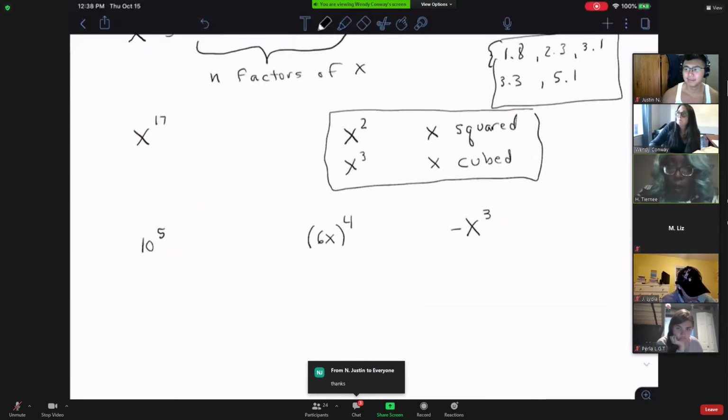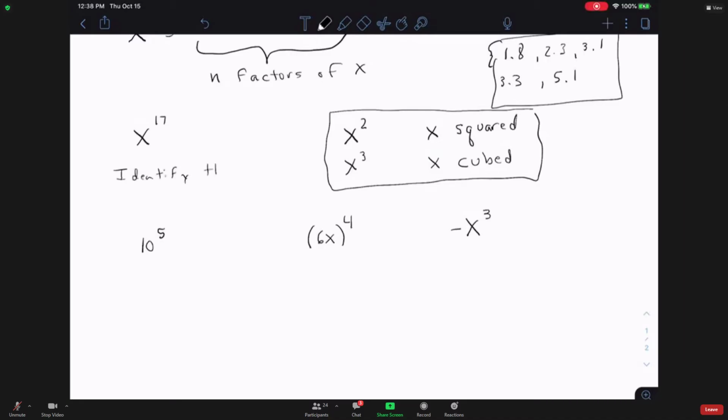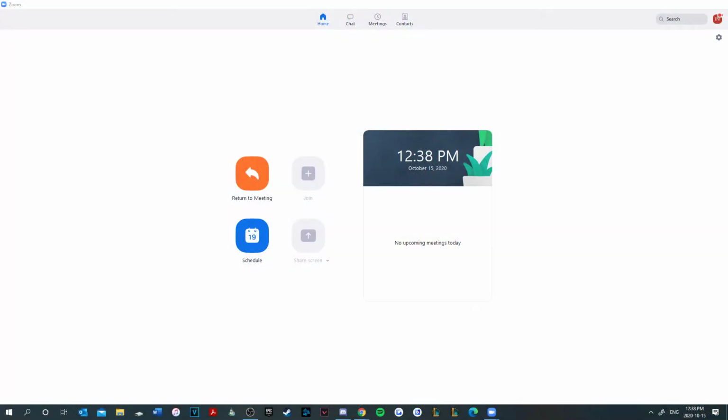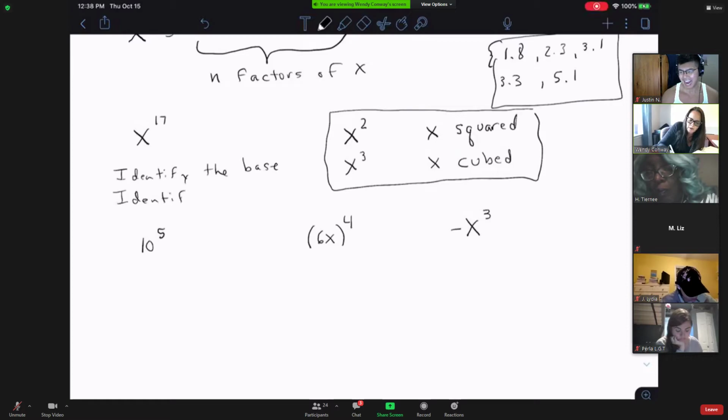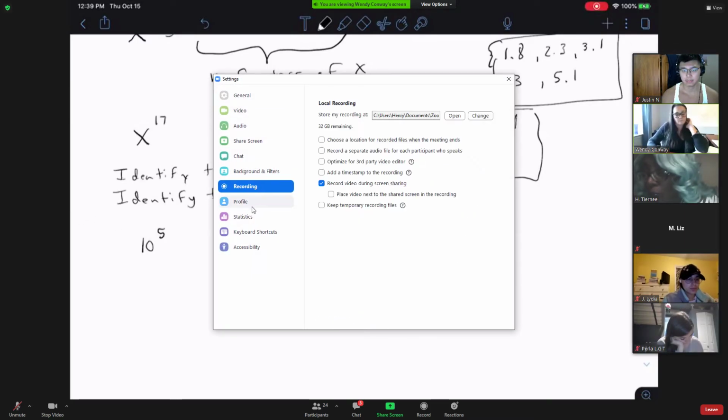Okay, so this question says identify the base and identify the power. Okay.